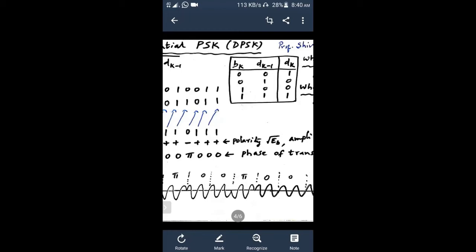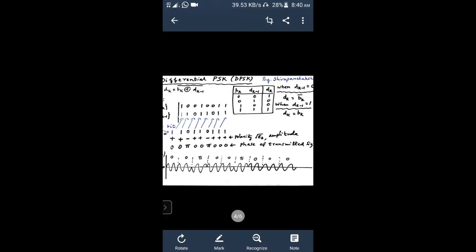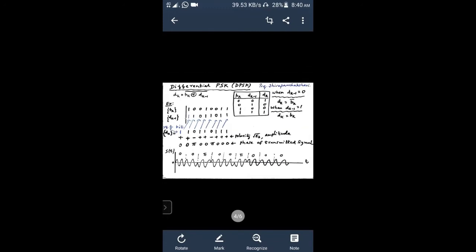So I'm differentiating between bk and dk minus 1 to produce the dk. Hence the name differential encoding. In this case, I'm finding out whether both the inputs are the same or not the same. That's all. So differential encoding, in summary, just checks whether both the inputs are equal or not equal. That is, it differentiates between bk and dk minus 1 to produce the dk. That is called differential encoding.